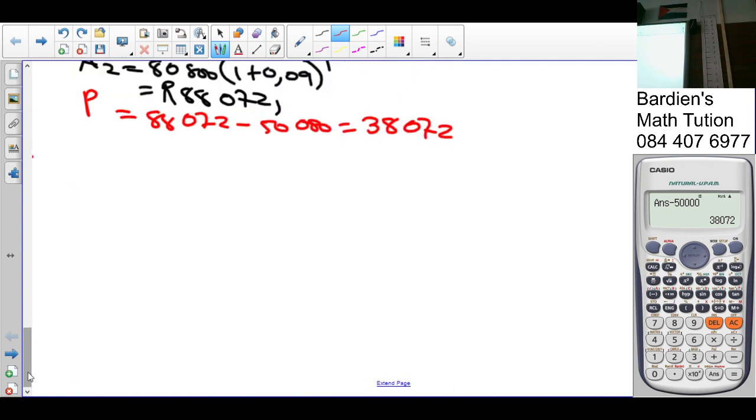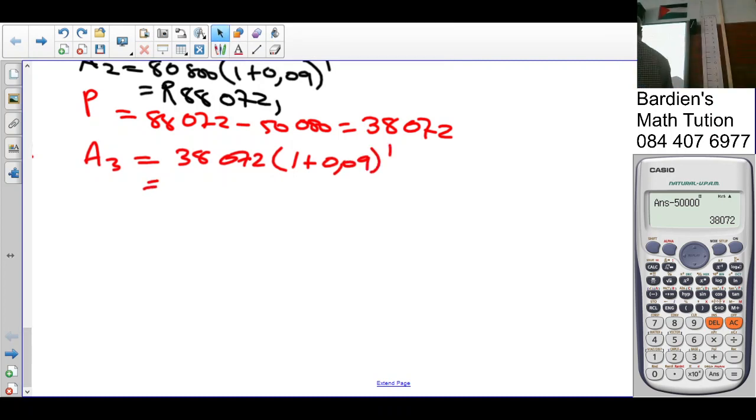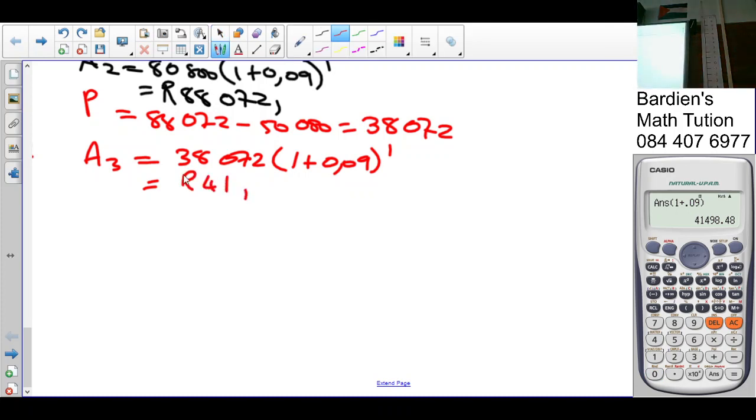Okay? So your A3, your total, is going to be 38,072 rand into 1 plus 0.09 to the exponent 1, which gives you 41,498 rand and 48 cents.